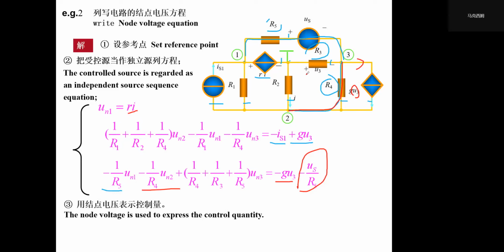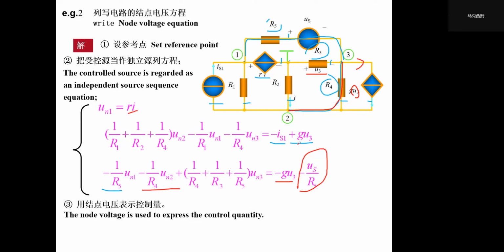U3 is directly here, we have this U3. So U3 is Un3.